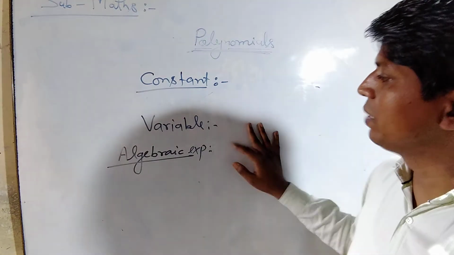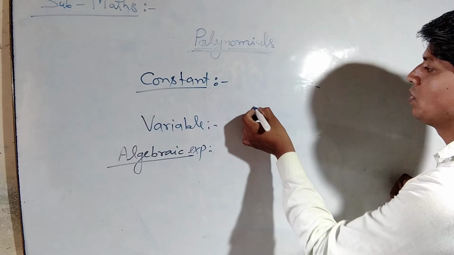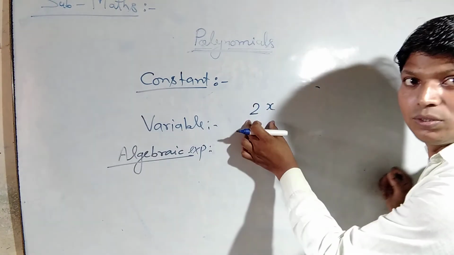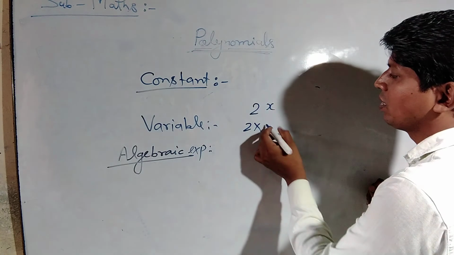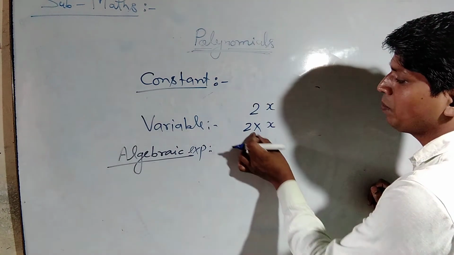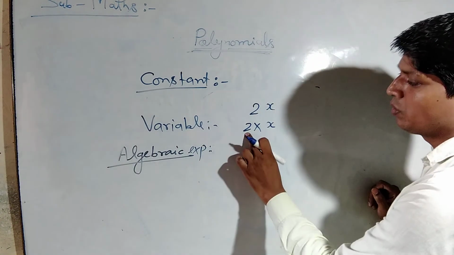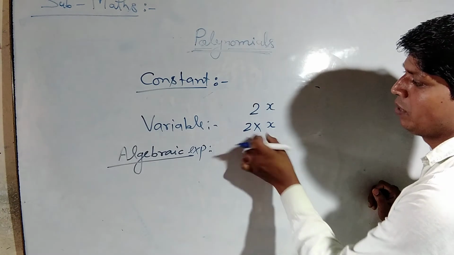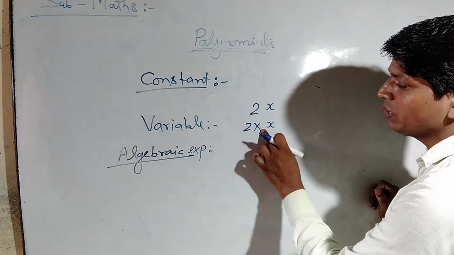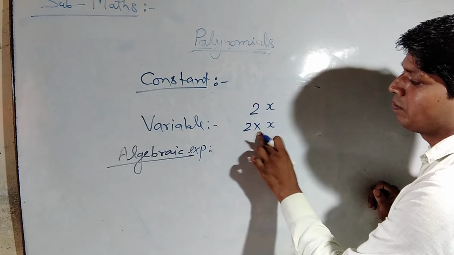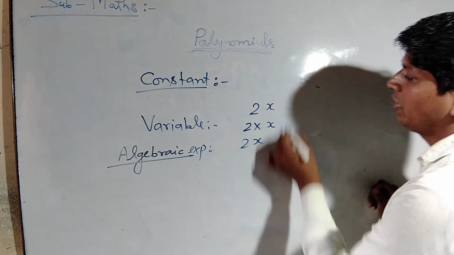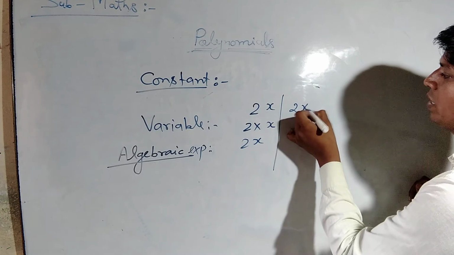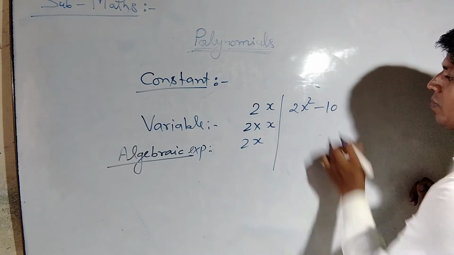For example, 2x. This is an algebraic expression, where 2, a constant, is connected to the variable x with the help of multiplication. And take another example: 2x square minus 10.